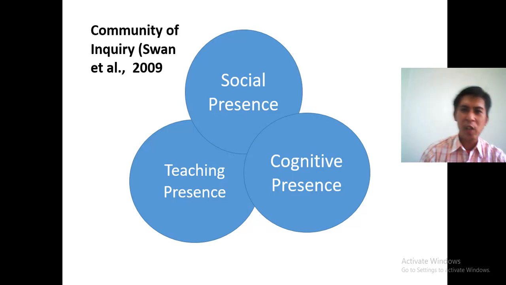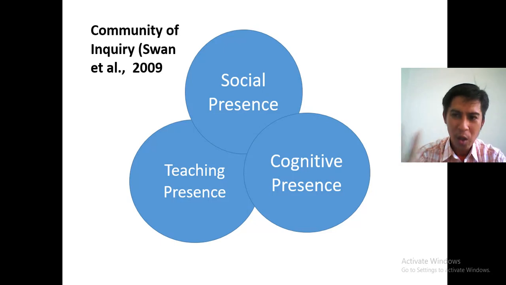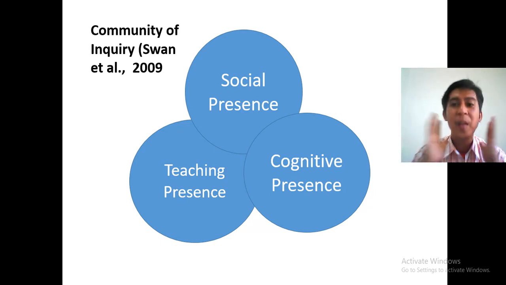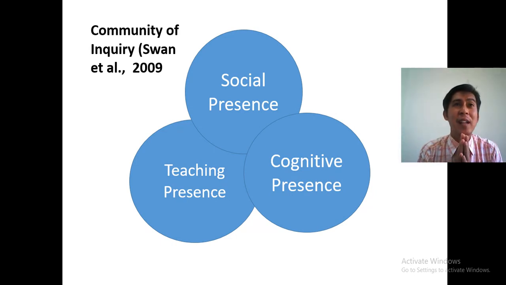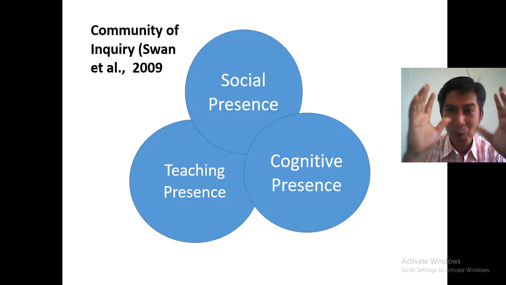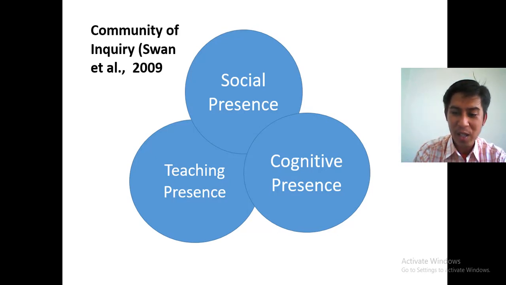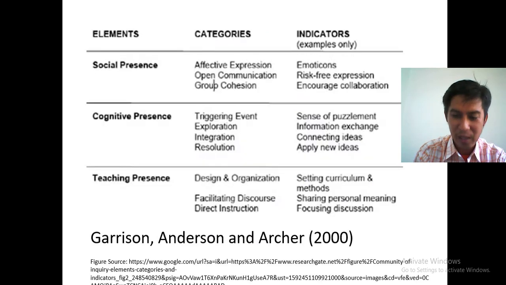That means that all of these ingredients must be placed inside your online learning activities, or the module. So if I create a module, I'll ensure that social presence principles are there, teaching presence also there, cognitive presence also there. What do these mean? I have also inserted a figure source here.